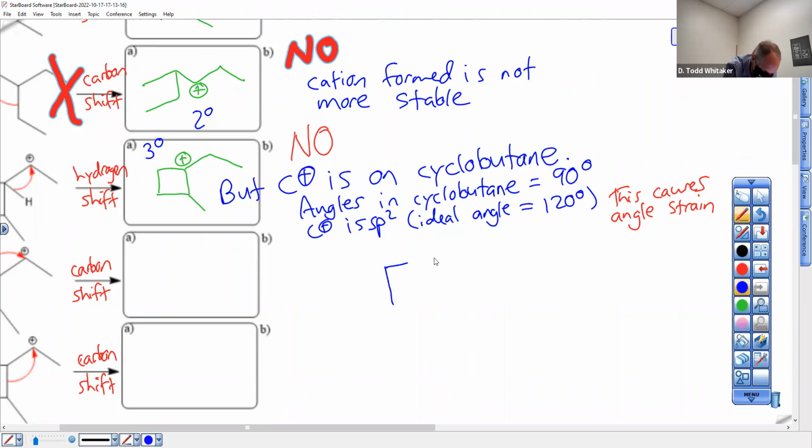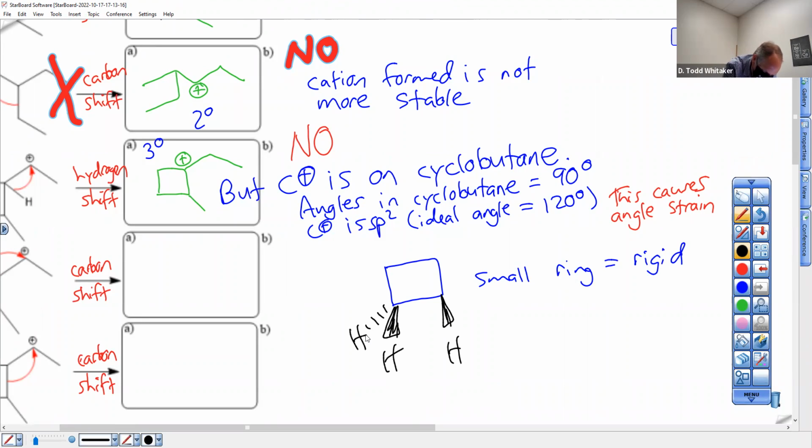here's cyclobutane. Small ring equals rigid. So you've got this right in front of this. And this right in front of this. This is called eclipsing.